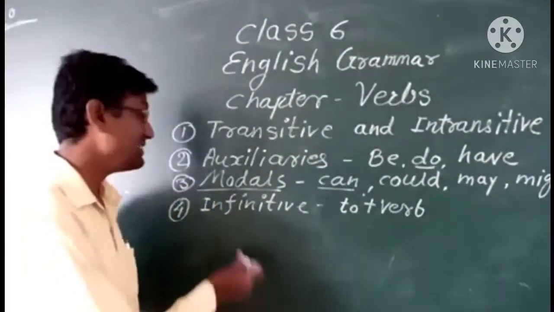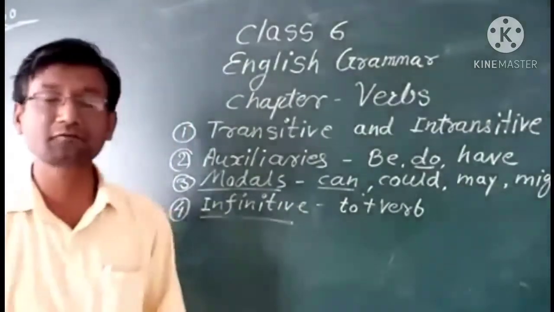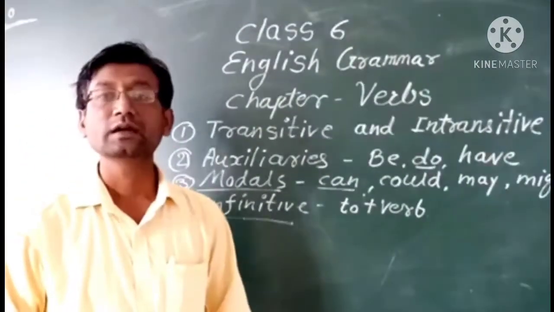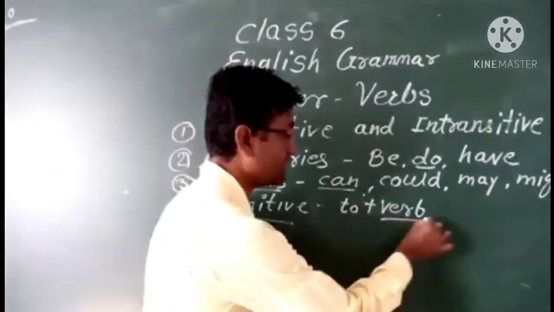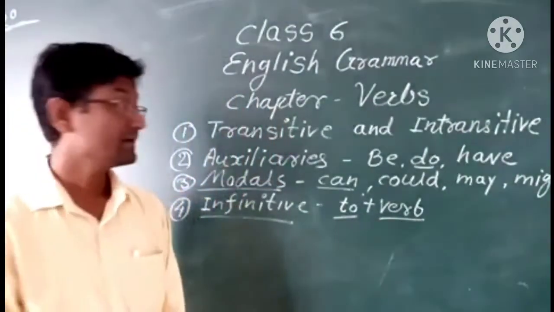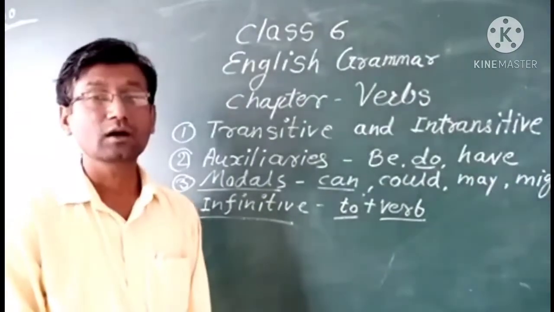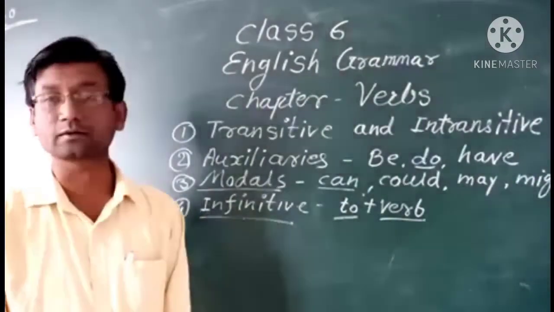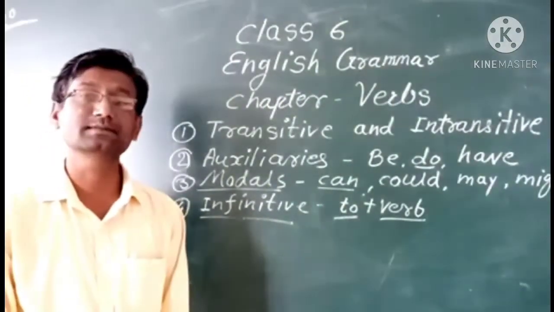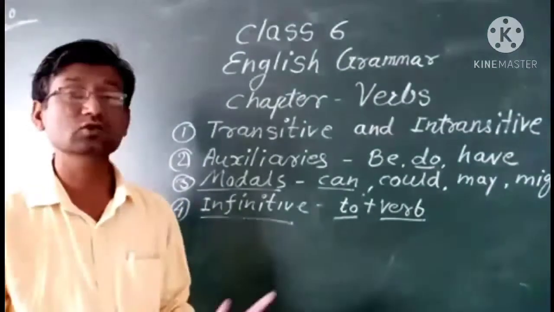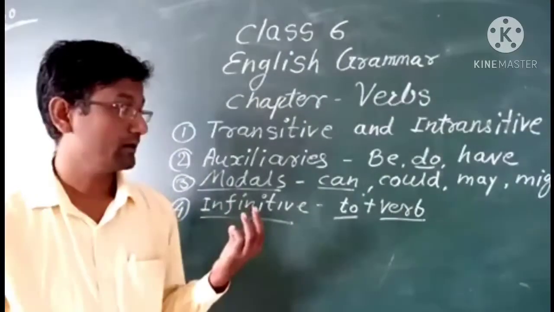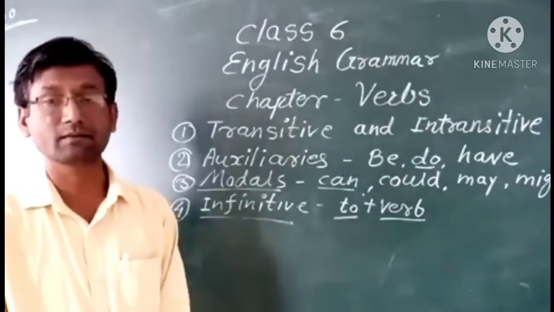Next is infinitive. So what is an infinitive? An infinitive is a verb which is joined with to. There are certain characteristics of infinitive verbs. These verbs are always in their base form, which means there is no suffix or ing form combined with it.